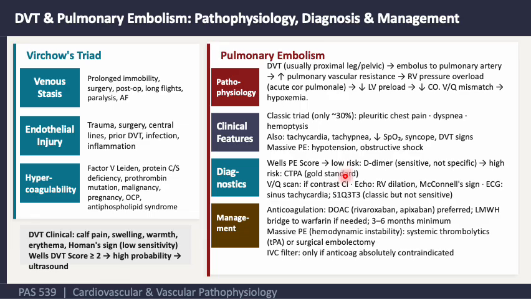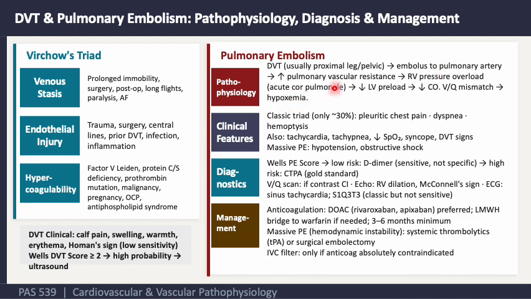And so the counterpart to DVT is usually a PE. So the pathophysiology of a PE: a DVT, usually in the proximal leg or pelvis, will embolize to the pulmonary artery.